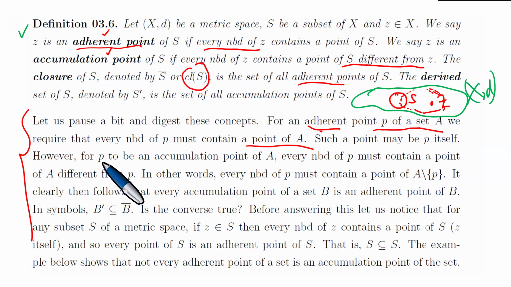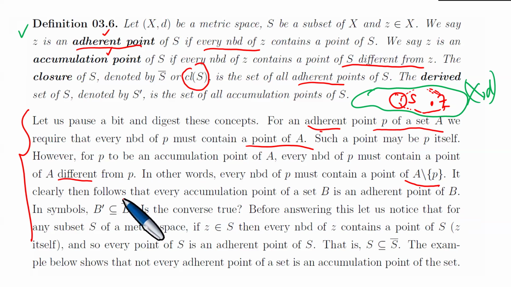However, for P to be an accumulation point of A, every neighborhood of P must contain a point of A different from P. There's no such requirement in the case of the former. In other words, every neighborhood of P must contain a point of A minus P, because it must be different from P.